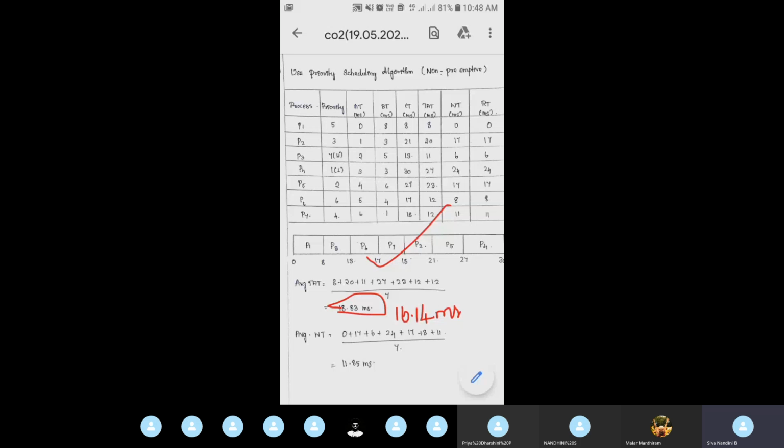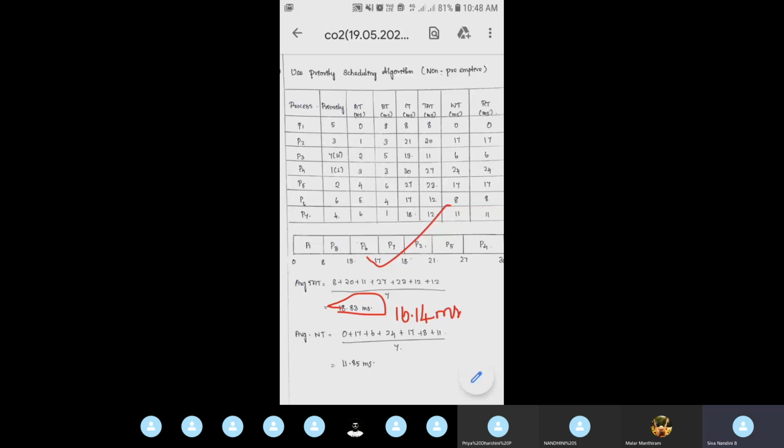In some cases there may be an alternation also: the smallest number may have the H value near it. Then the smallest number will have the highest priority in that problem, and the greatest number will have the lowest priority. So depending upon the question, you should go with this priority scheduling algorithm.